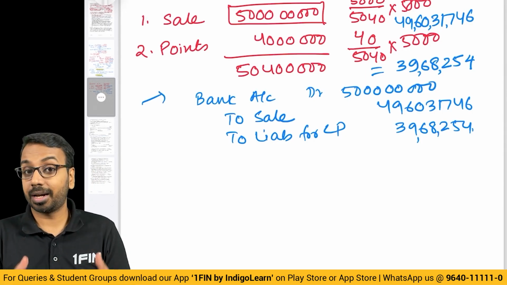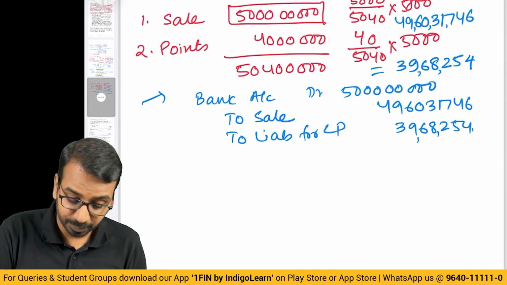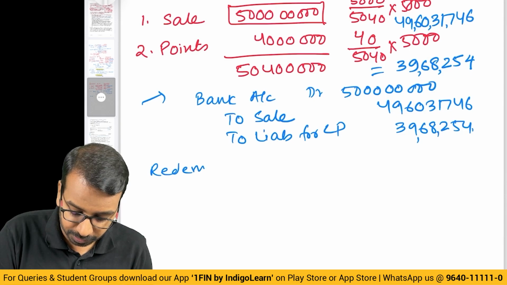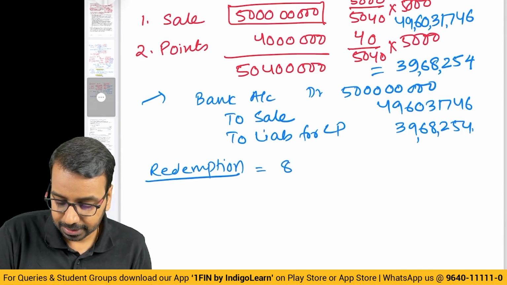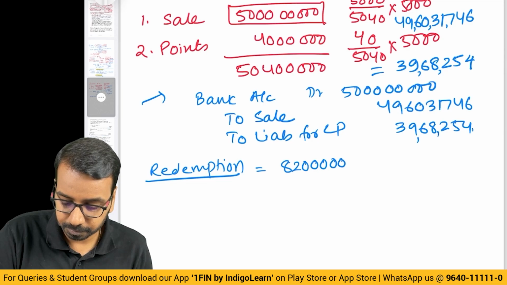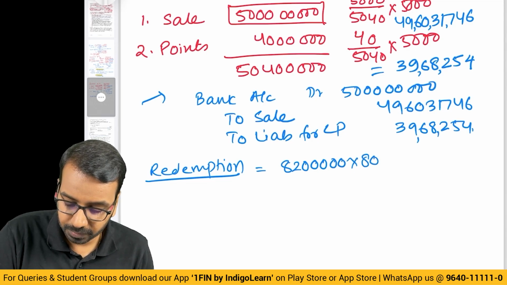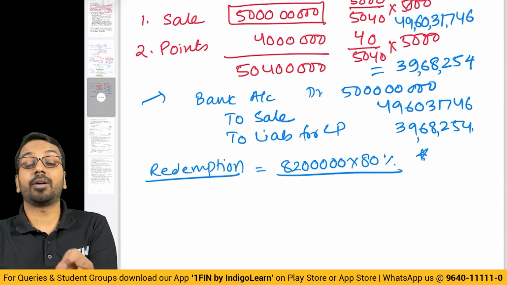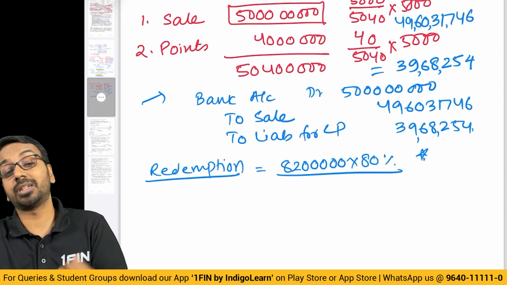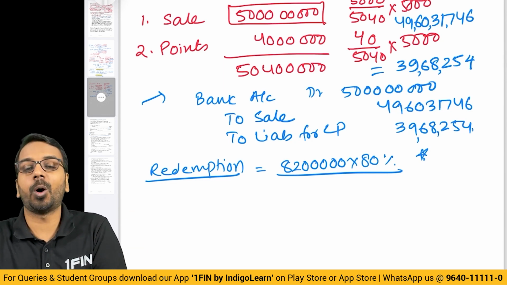Now in the current year, what is the redemption that has happened? Redemption is 82 lakhs into 80%. Please note, this is an assumption that of whatever points have come for redemption, only 80% have actually been redeemed or availed of.